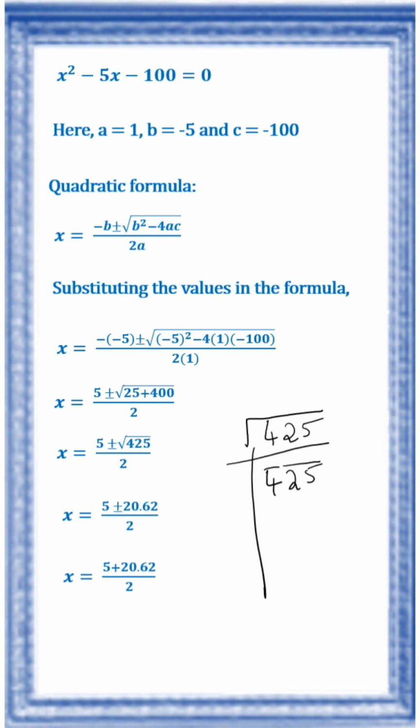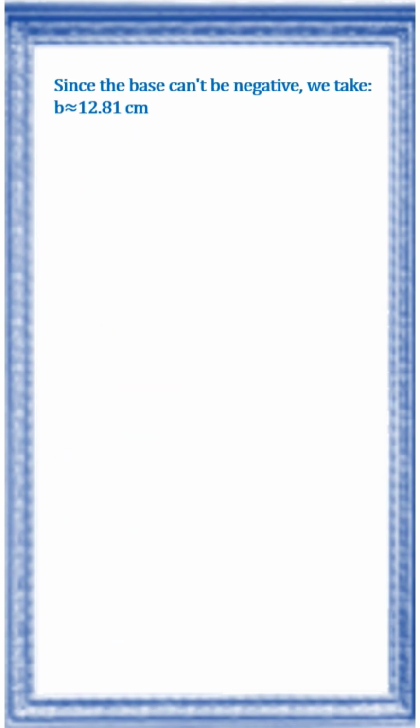So x is equal to 5 plus 20.62 by 2, or x is equal to 5 minus 20.62 by 2. So x is equal to 12.81 or x is equal to -7.81. Since the base cannot be negative, we take b is approximately equal to 12.81 centimeter.